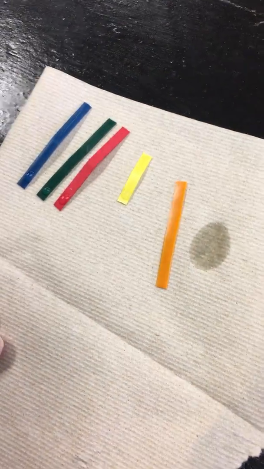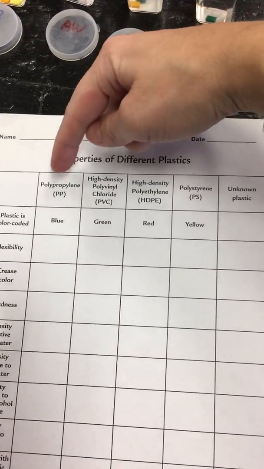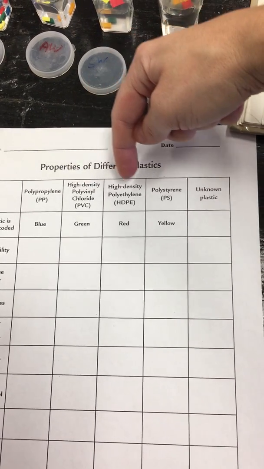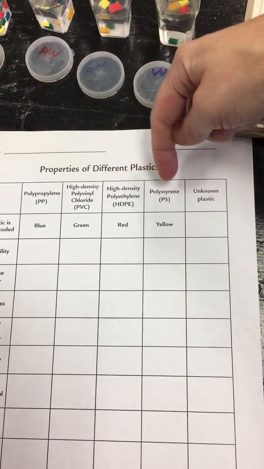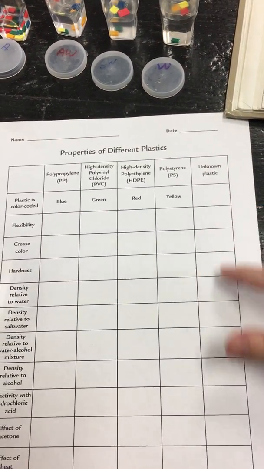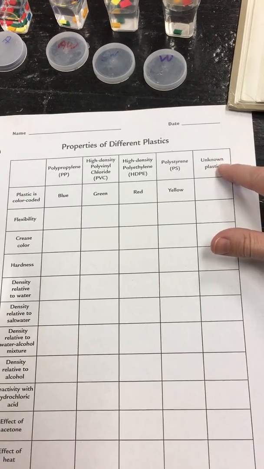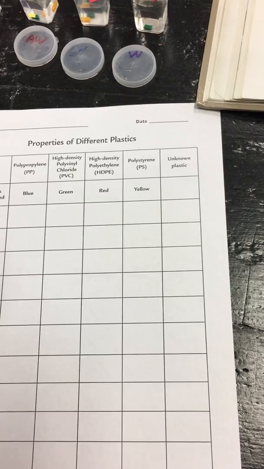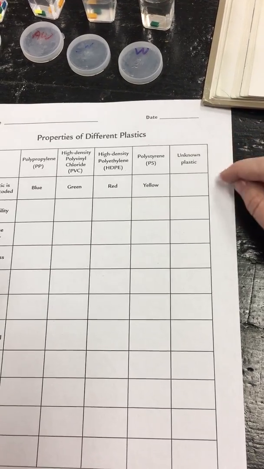Is it the polypropylene? Is it the PVC, which is a high density polyvinyl chloride? Or is it the high density polyethylene or the polystyrene? Which of those is the unknown plastic? Please record that on your data table where it says unknown plastic. Off to the side, just write in what plastic it actually is.